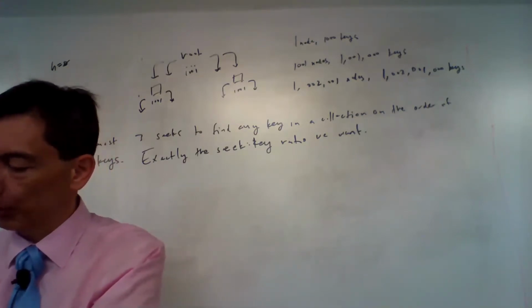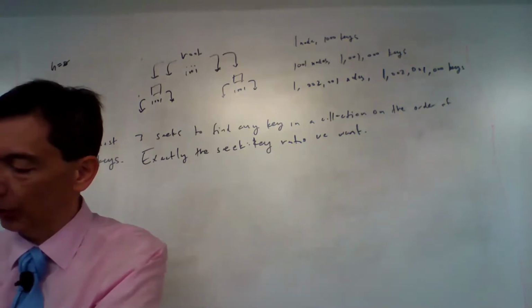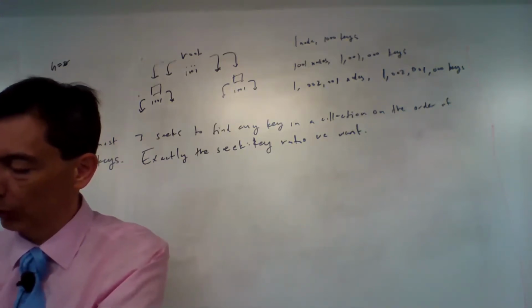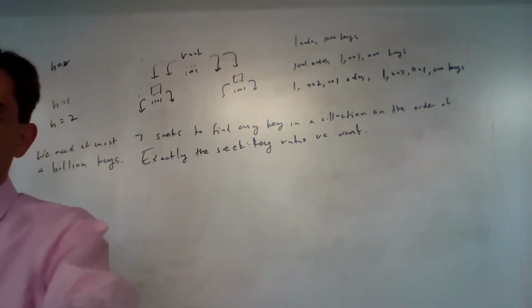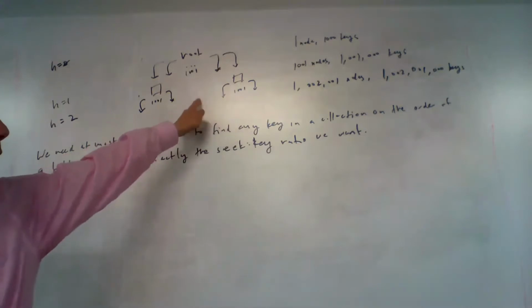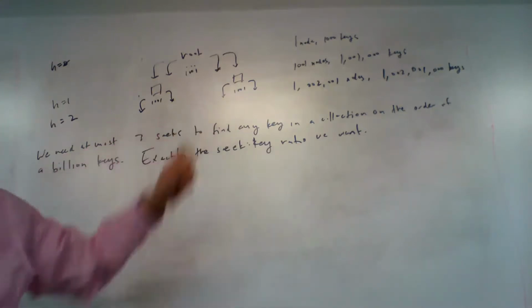Okay, so it turns out that the B-tree algorithm guarantees some important properties on order-k trees, and those guarantees will give us this performance.